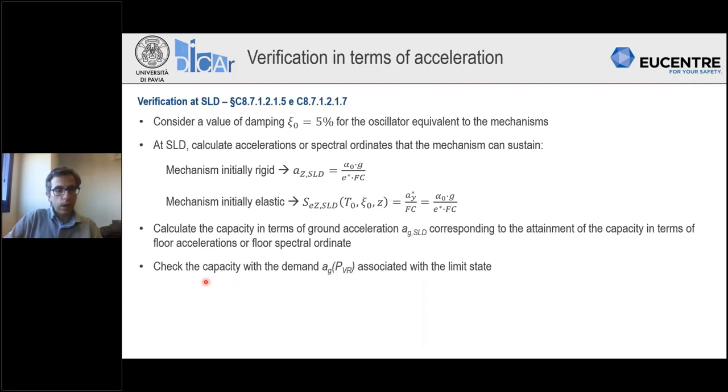And then you will have to check that the capacity is greater or lower than the demand associated with the limit state. The demand is represented by this quantity AG corresponding to the probability of exceedance of the seismic action.